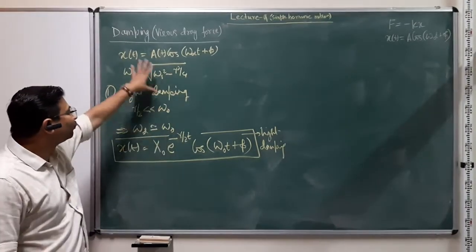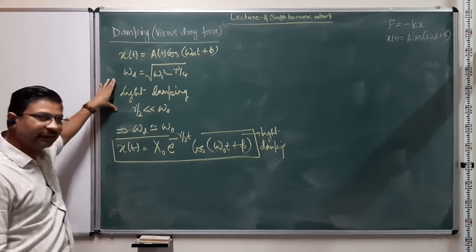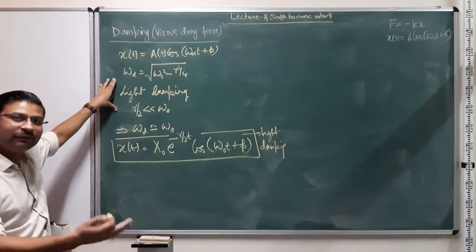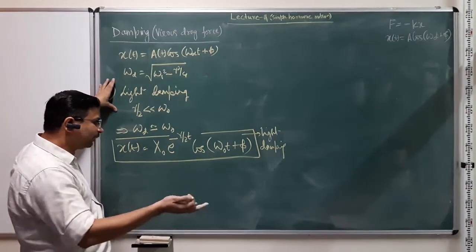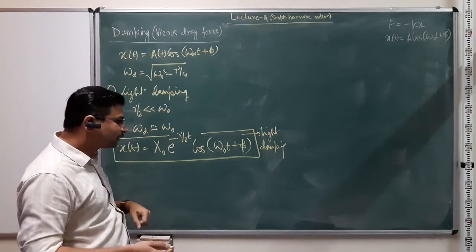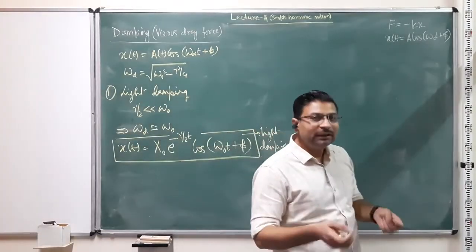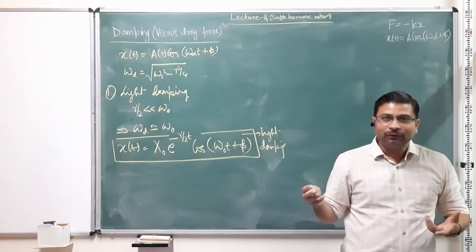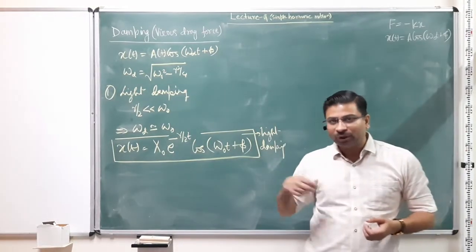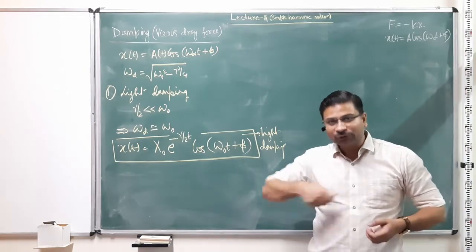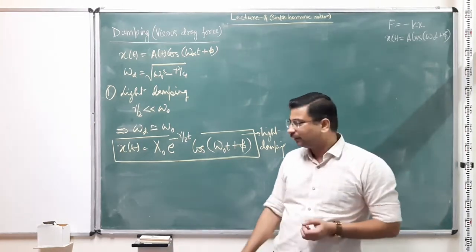And these are mostly the oscillating systems that we are interested in, or that we try to make in our laboratories or in our day-to-day life. For example, if you have a pendulum clock, we know that the pendulum clock left alone will actually stop oscillating after a certain amount of time. There is always the atmospheric drag, right?